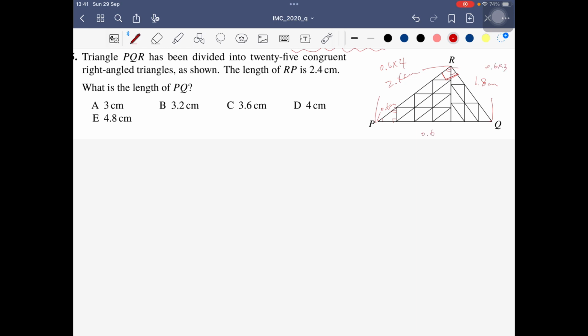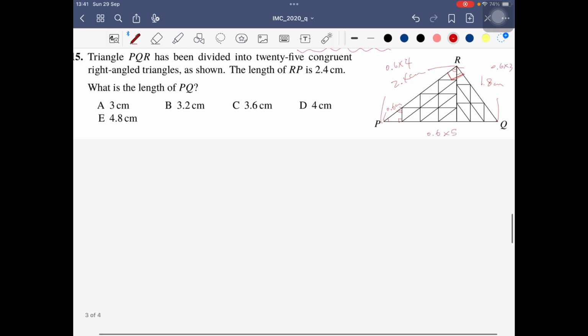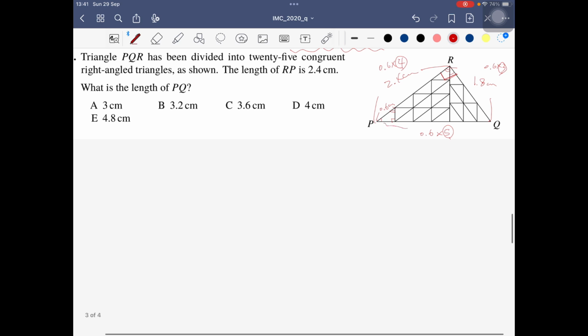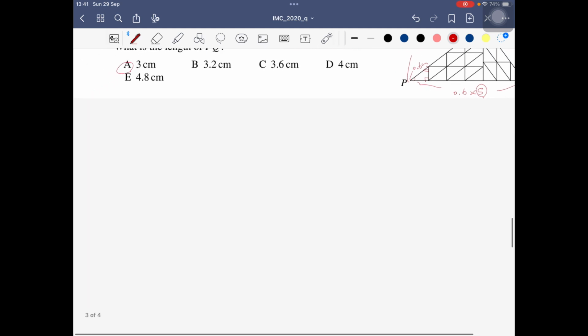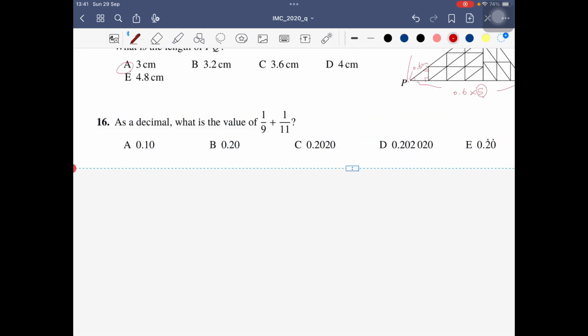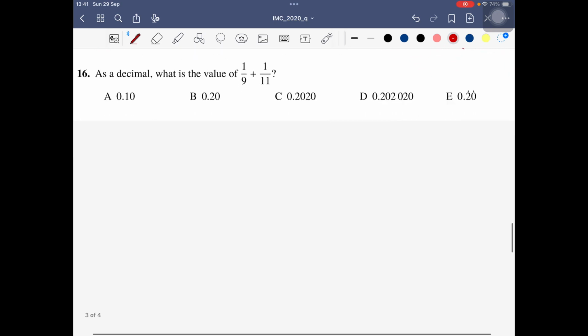This should be 0.6 times 5, because 3, 4, 5 is the Pythagorean ratio, since this is a right triangle. So the length of PQ is 3. We didn't solve it fully, but we know what the number is.